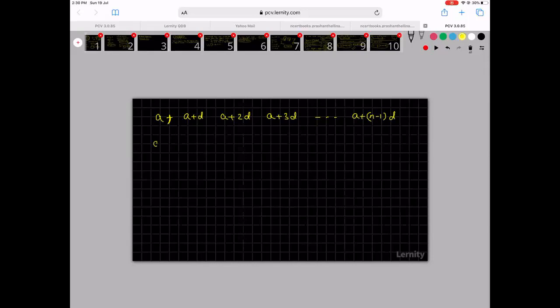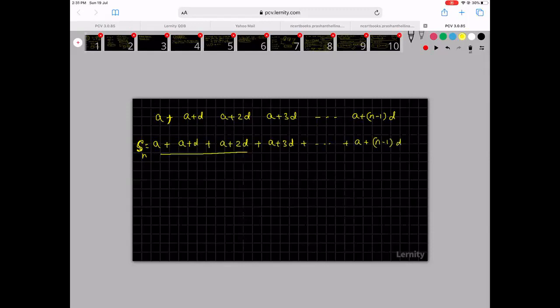Now we wanted to find the sum of the series. The sum of the series is written this way, Sn. It is not 5, it is Sn. Sn is equal to A plus A plus d plus A plus 2d plus so on up to A plus n minus 1 into d.